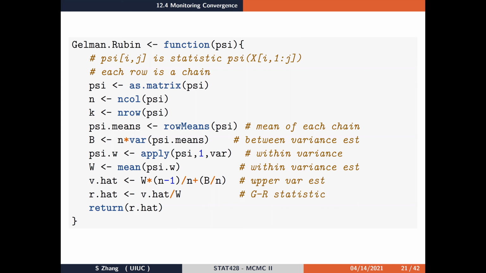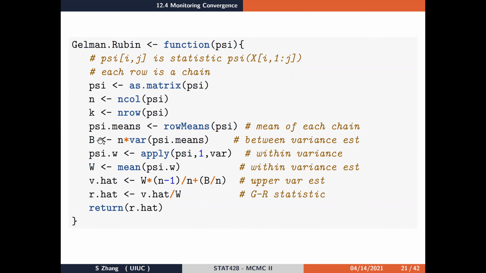This can be obtained using the rowMeans function. It will calculate the mean of each row of the psi matrix, and each row is a chain. B, the between sequence variance, is given by n times the variance of the psi means.